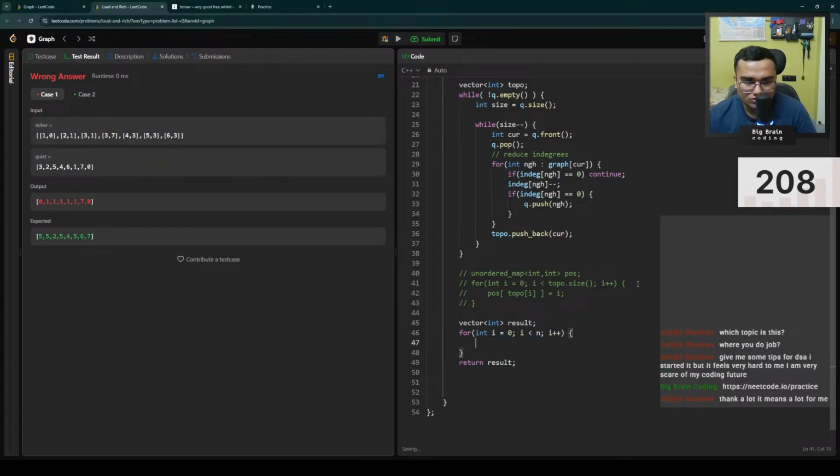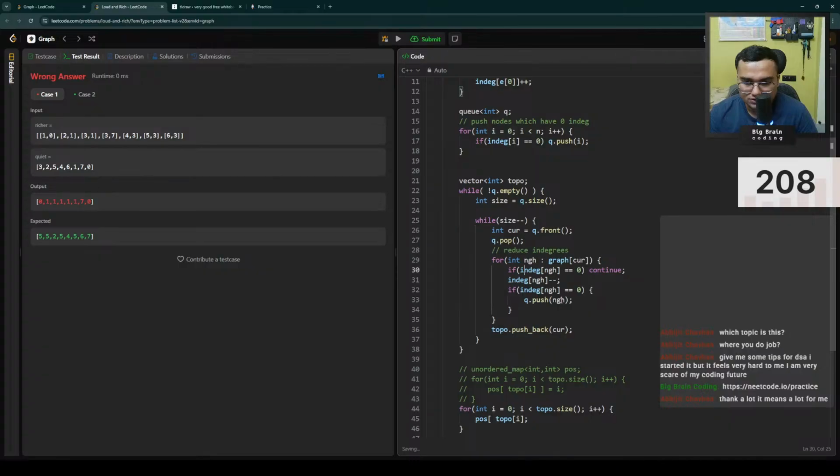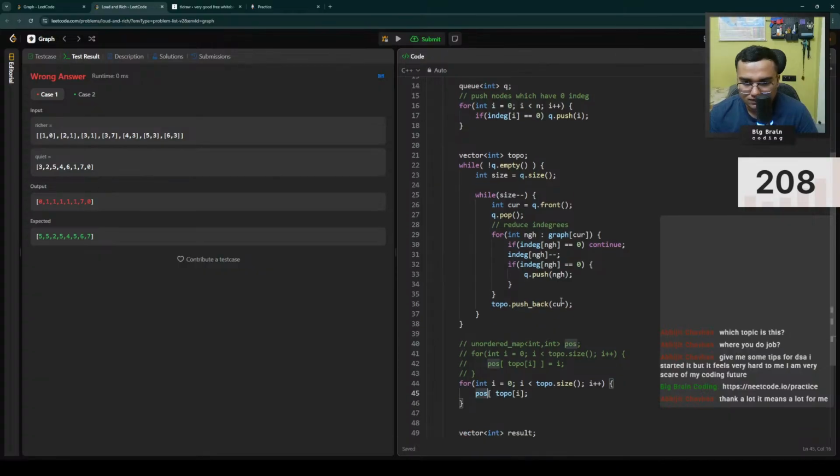So for the 0th node, and you know what? I'm just going to print the topological sort. Cout.